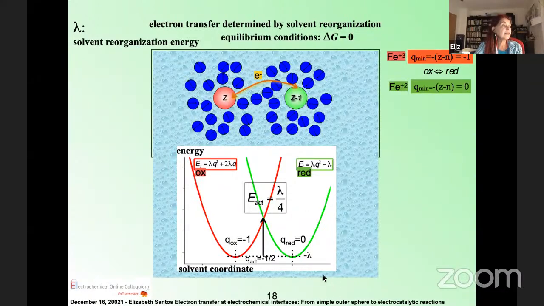The final state is Q equal 0. And then each parabola is described by an equation for the oxidized state and for the reduced state. And then we see here that the activation energy at equilibrium is the reorganization energy for the solvent divided by 4.